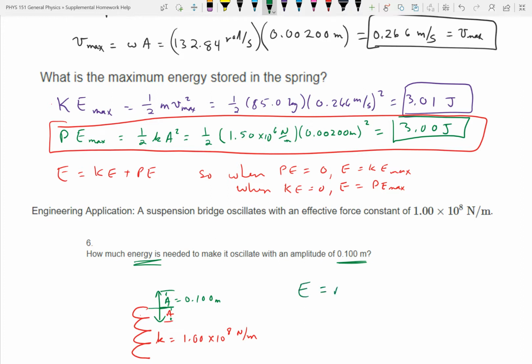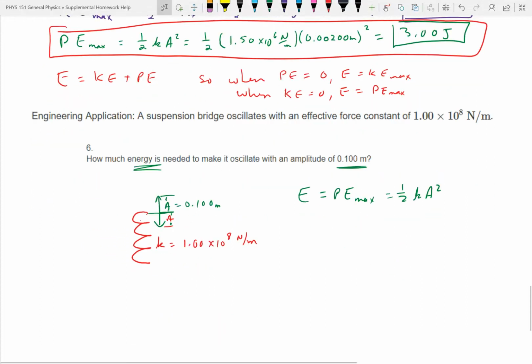So energy is equal to potential energy max is equal to 1/2 Ka squared. So we have K, we have A. This is getting trivial.